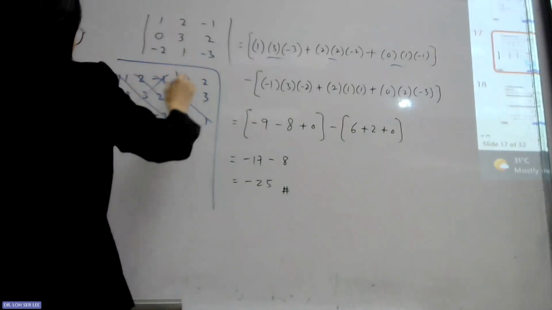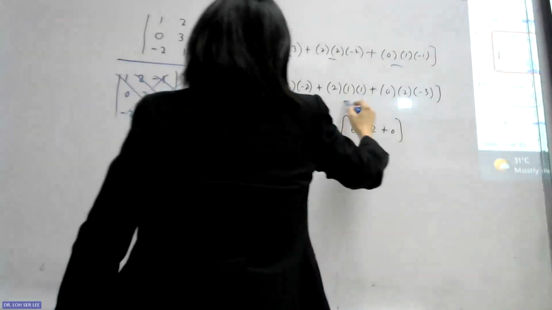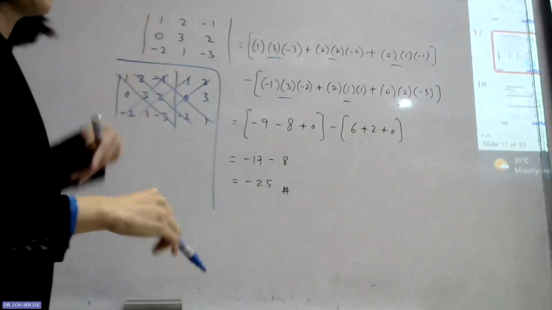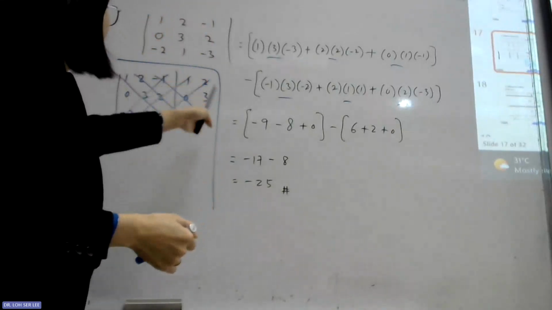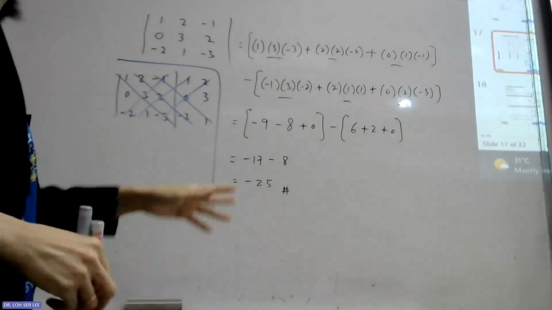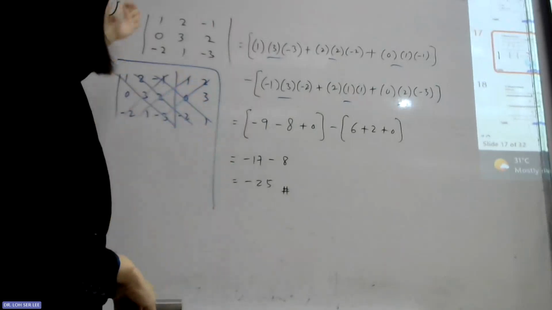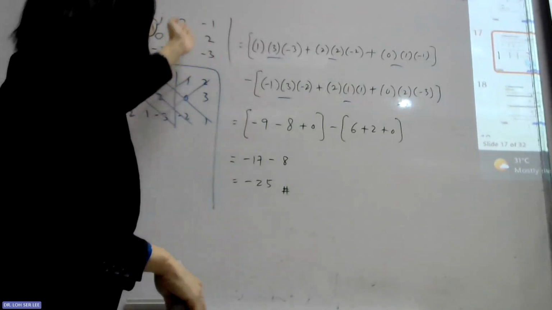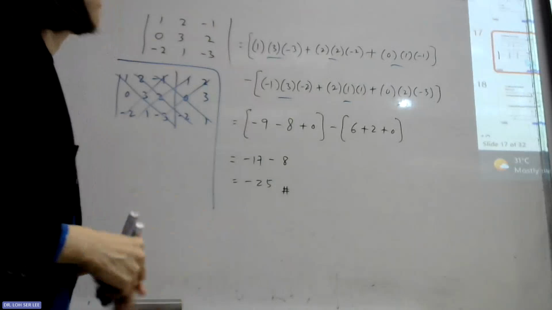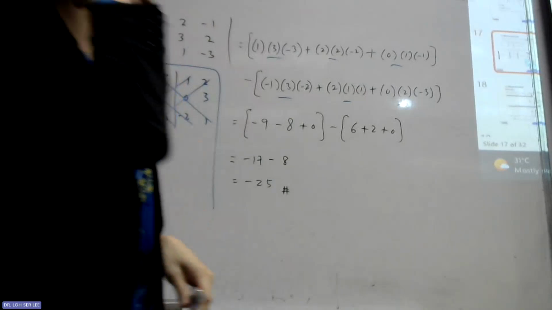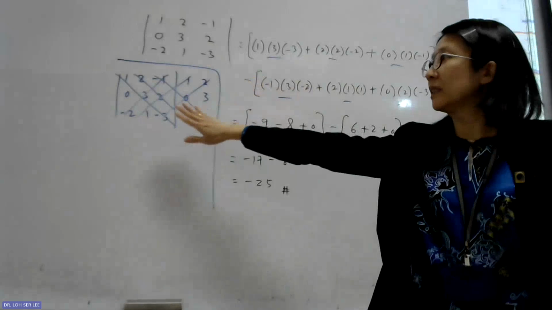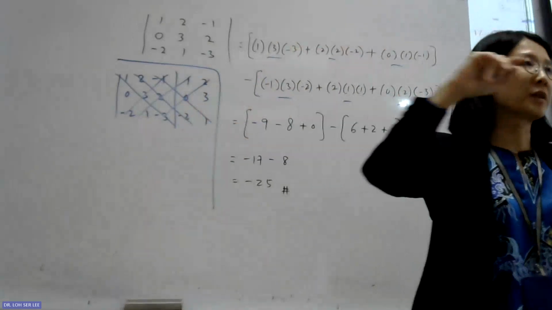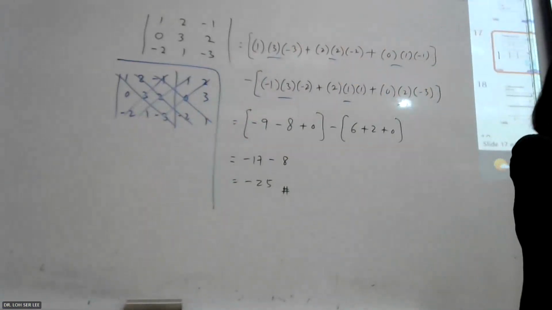Minus another direction, 1, 2, 3, which is this 3. Actually, they are the same. The difference is that here you don't have to write this 2 out. Just look at this, and you know this 2 goes with this 2 and with this. They are the same, but it's up to you. If you feel that this is more comfortable or more confident for you to compute, you can use this.